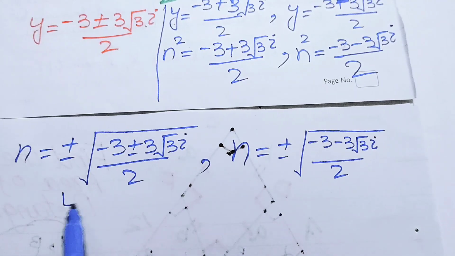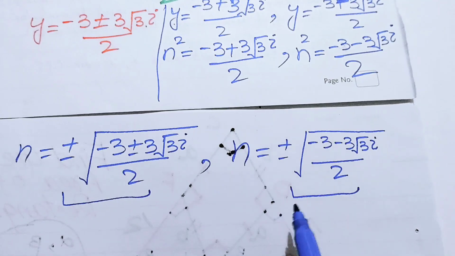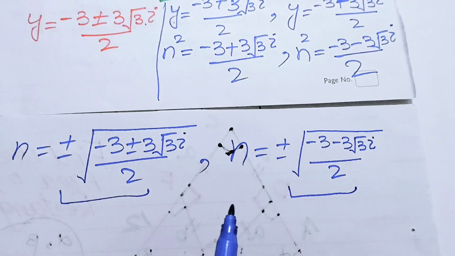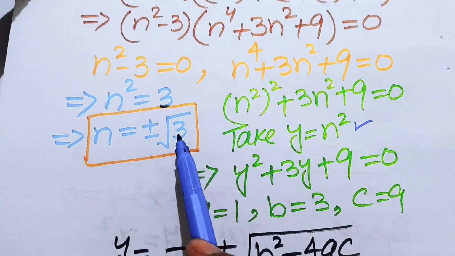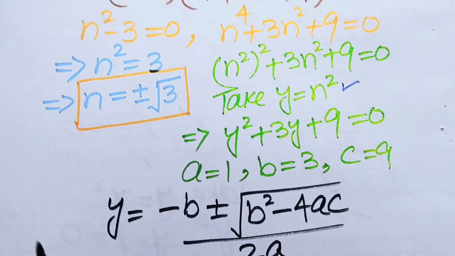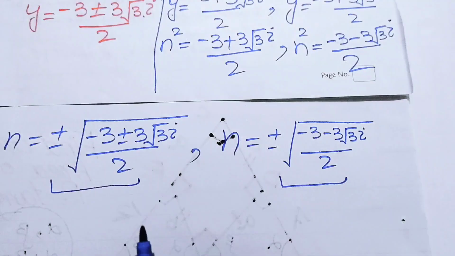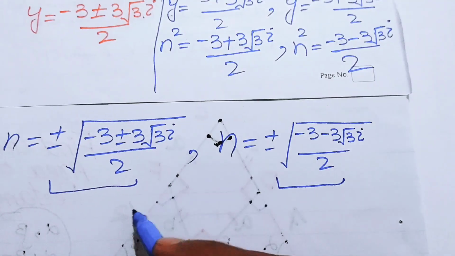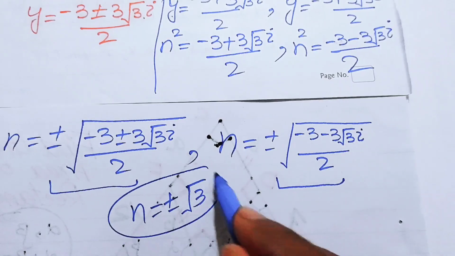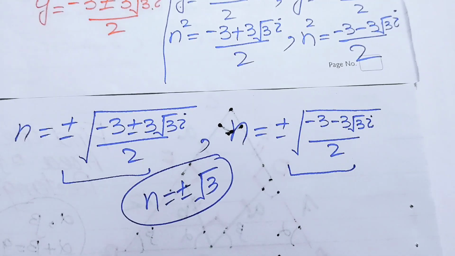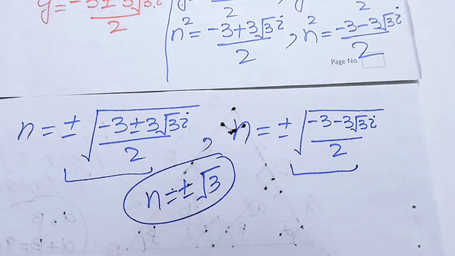So these are the two solutions each, it becomes 4, and we find the other four complex solutions in this form. So these are the total 6 solutions of the given equation, and this is the final answer.